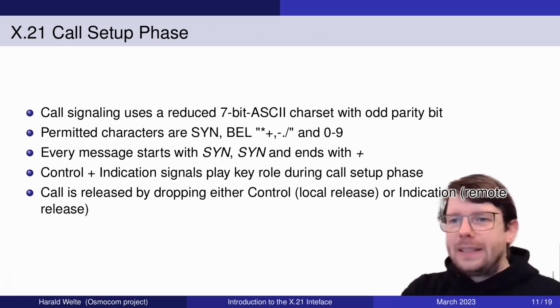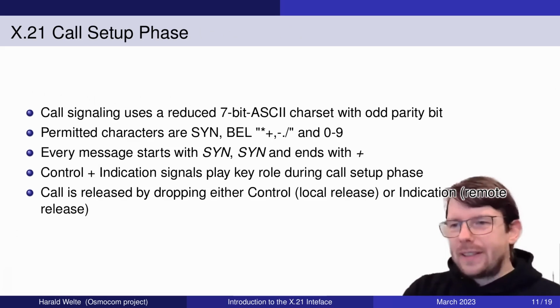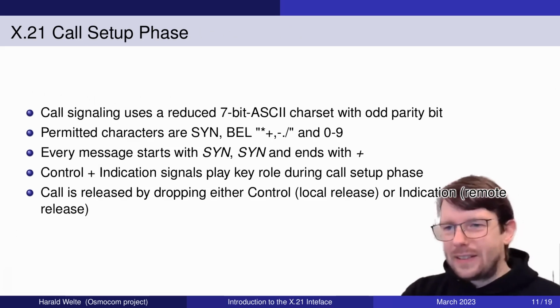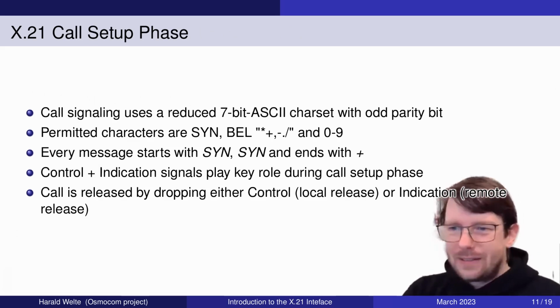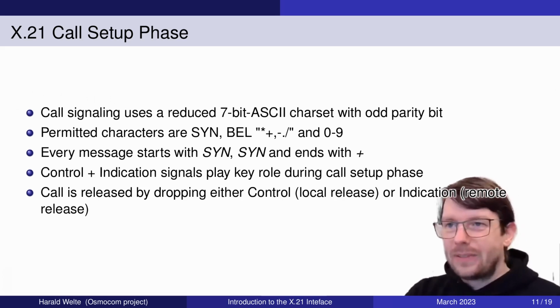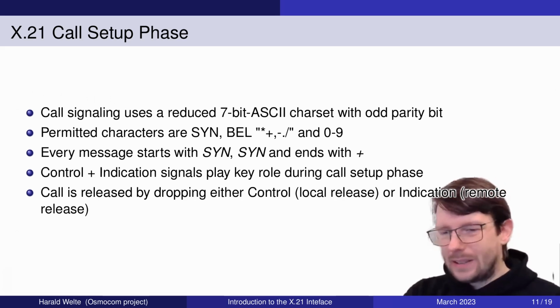So the call setup phase, that's the interesting part. I mean, just having a synchronous bit stream in both ways, the talk would be over by now. It's rather simplistic, but that's where the complexity starts: the call control, finite state machines, and the call setup phase of the call, with all the things that need to be taken care of.